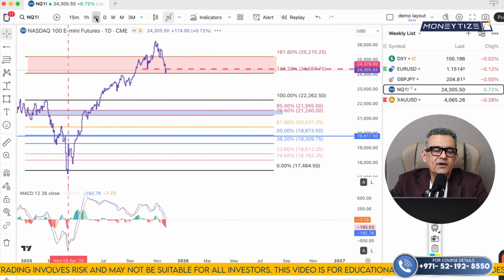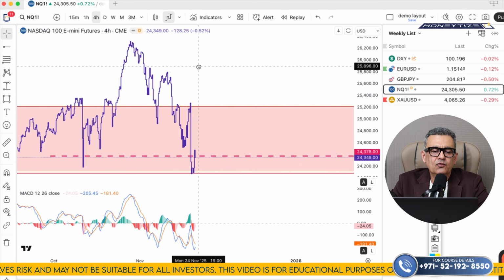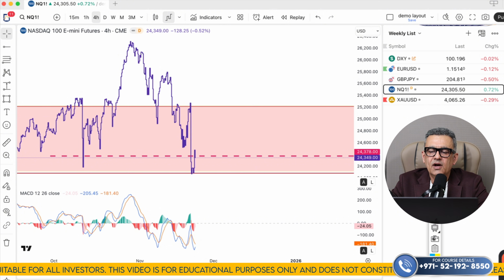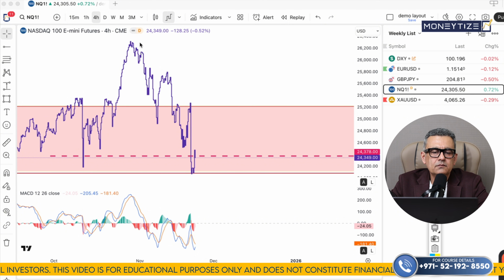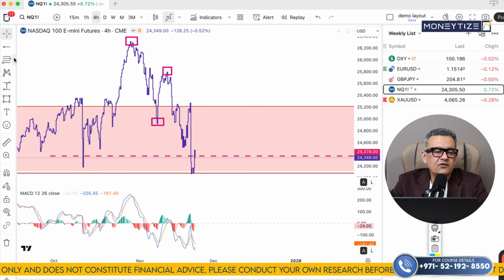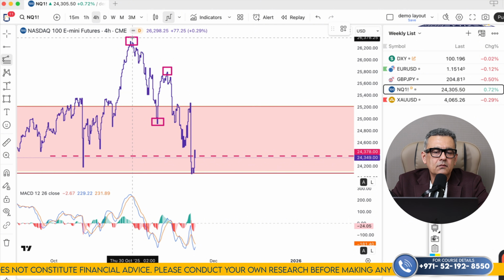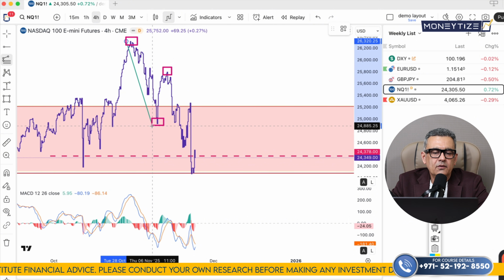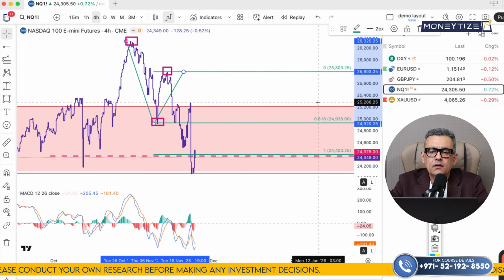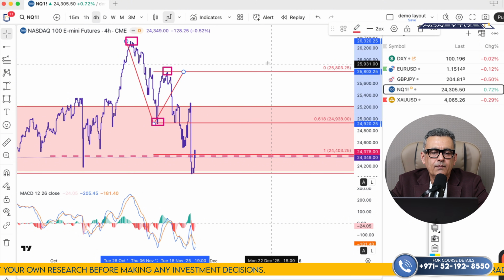24,378. Now moving to 4-hourly frame, I'll be using fib extension in the bearish direction. So I'll be starting from the top here, point A, point B, and point C identified in the bearish direction. Let's apply fib extension here. So first fib extension in the bearish direction applied on 4-hourly frame.